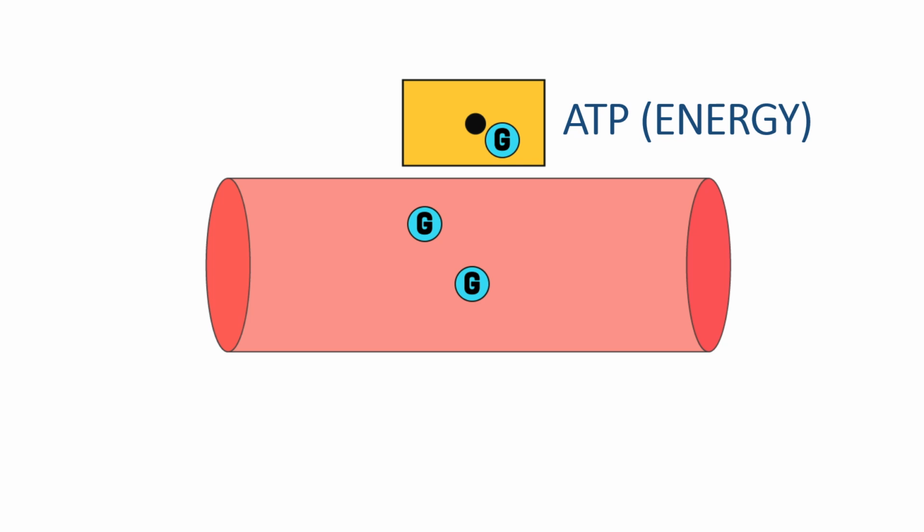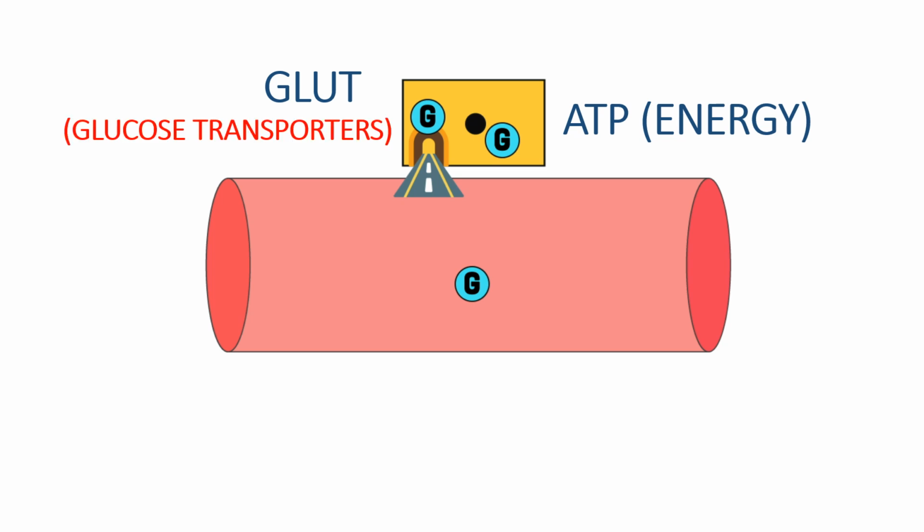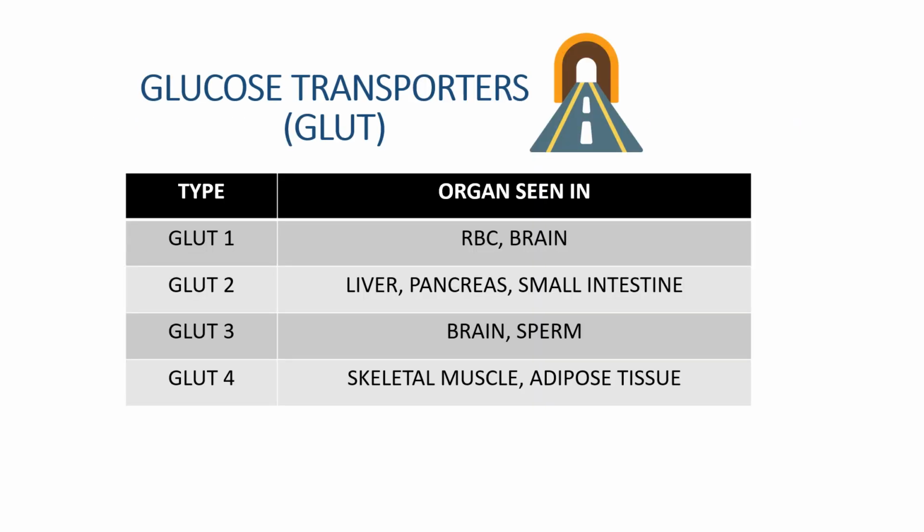But does glucose just enter the cell like that? The answer is no. If glucose wants to enter the cell, it has to have a transporter molecule, and this transporter molecule is called a GLUT. Do you know what GLUT stands for? It stands for glucose transporter. There are different types of GLUTs that you study in biochemistry: GLUT1, GLUT2, GLUT3, GLUT4.